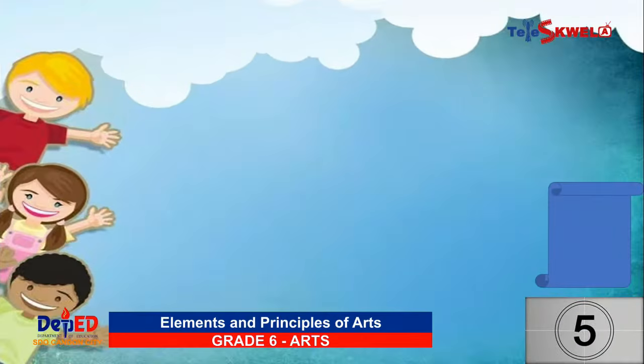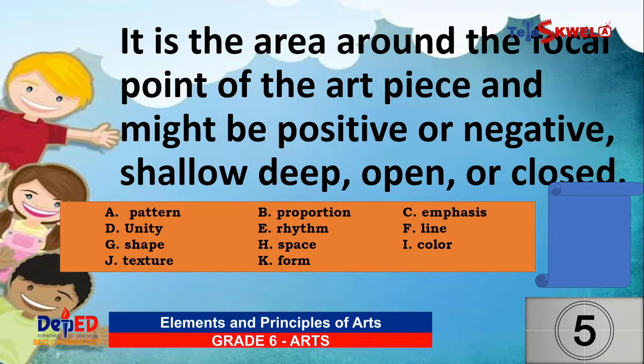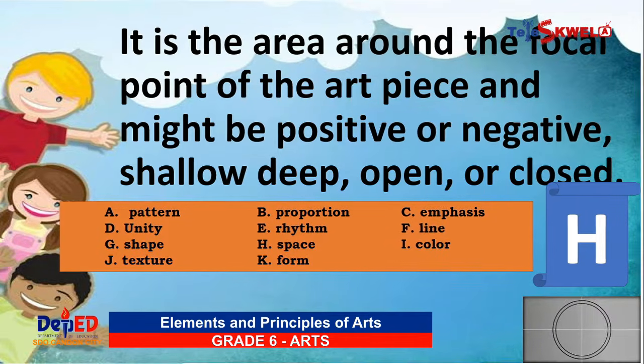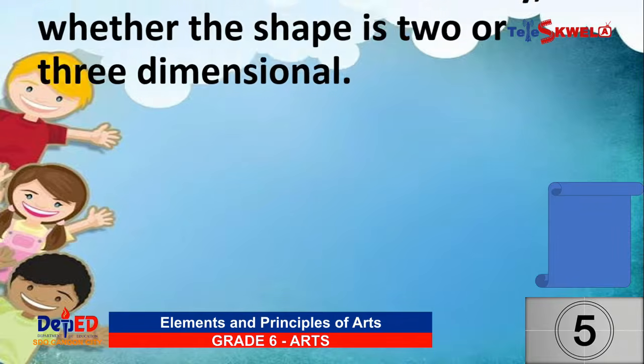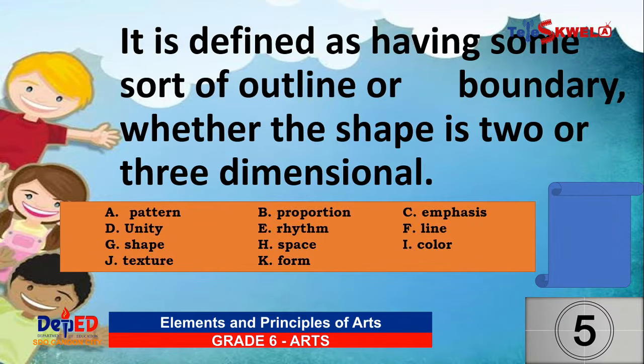Next, it is the area around the focal point of the art piece and might be positive or negative, shallow or deep, open or closed. Timer starts now. And the answer is letter H, space. Next, it is defined as having some sort of outline or boundary, whether the shape is 2 or 3-dimensional.